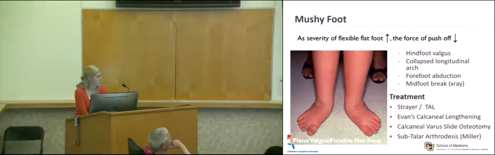And so to treat it, if the calf is tight, you have to lengthen the calf, and then you can lengthen the calcaneus between the anterior and middle facets, and that's called an Evans calcaneal lengthening. You can also move the heel into more varus, and that's a slide osteotomy. And then one of my friends in Delaware fuses the subtalar joint together for this problem.